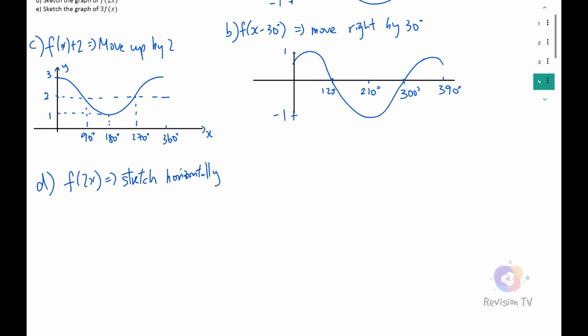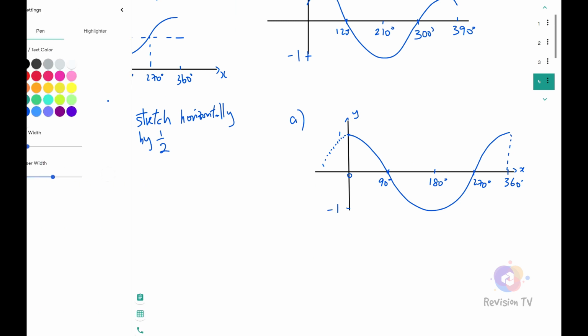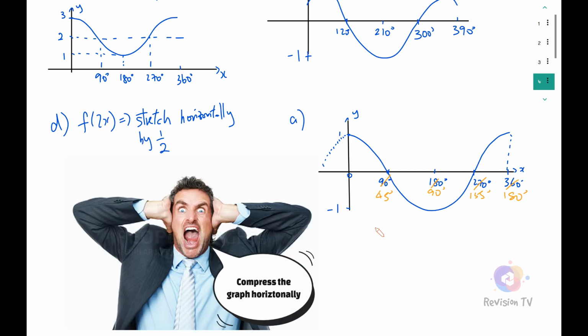X is rebellious. 2 means by half. That means all the x coordinates that you see in the original, I'm multiplying by half. That means this will become 45. This will become 90. This will become 135, and this is 180. So imagine you're pushing in the graph, compressing the graph, like you're clapping hands, pushing in the graph by half.